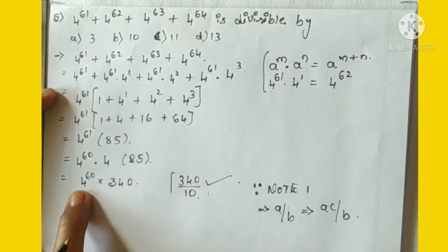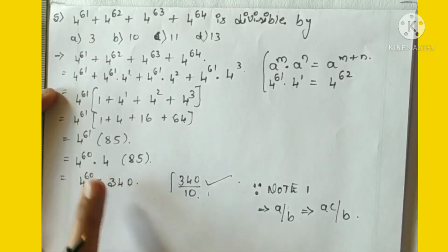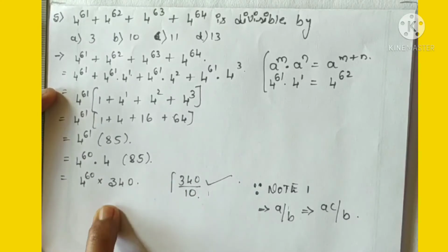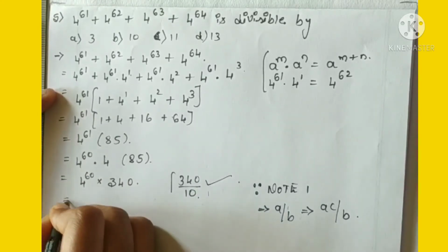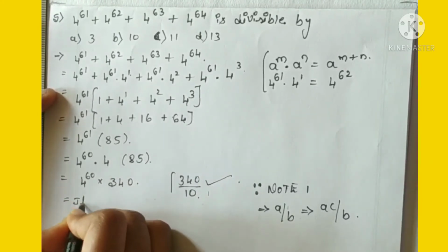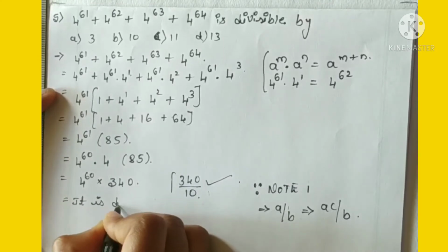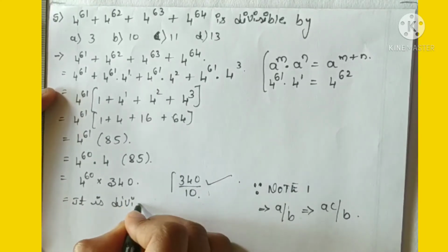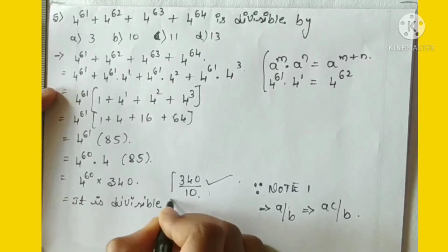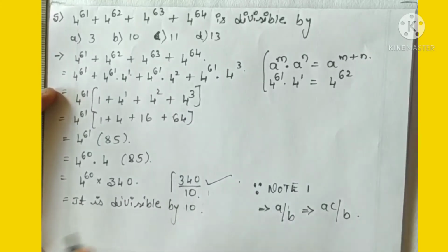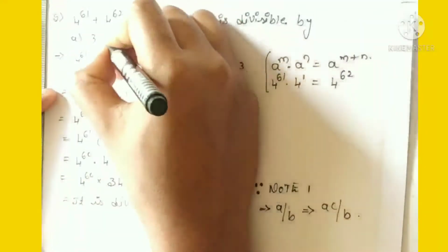So 4 to the power of 60 into 340 is also divisible by 10. So here it is divisible by 10. So here the correct option is 10.